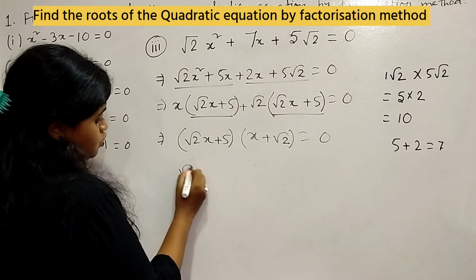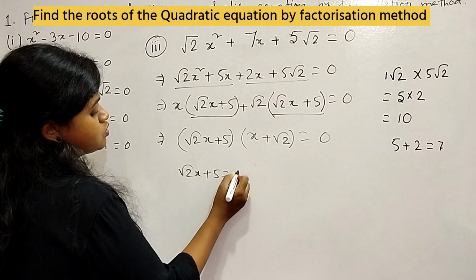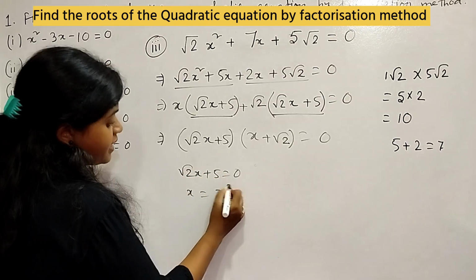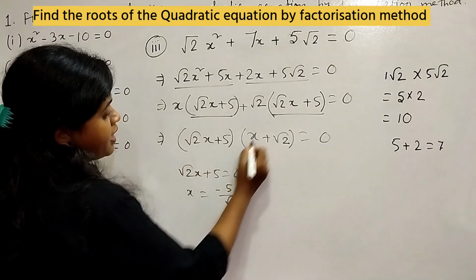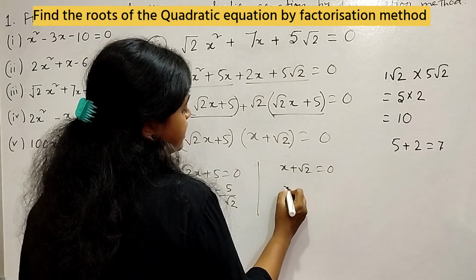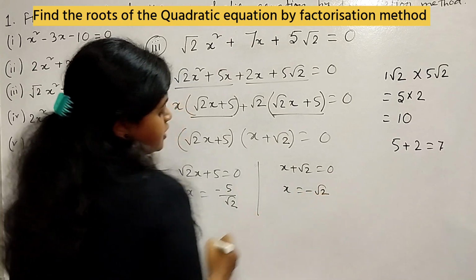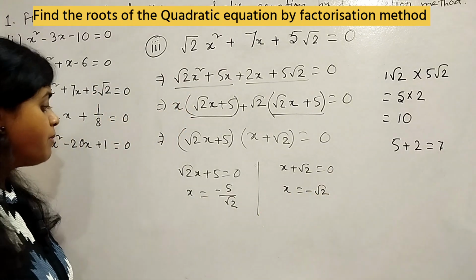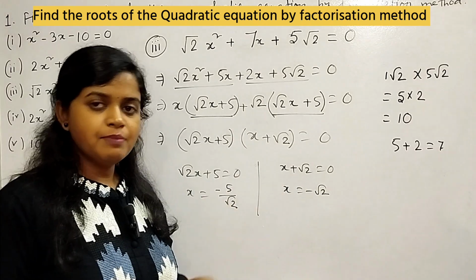Root 2x plus 5 equals to 0, so x equals to minus 5 by root 2. And from the other factor, x plus root 2 equals to 0, that means x equals to minus root 2. So these are the two roots, minus 5 by root 2 and minus root 2.